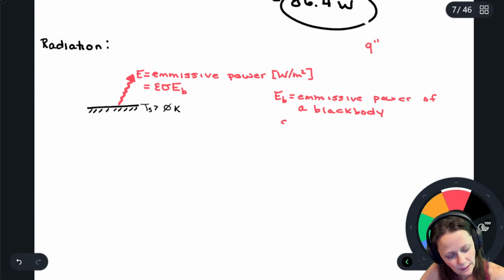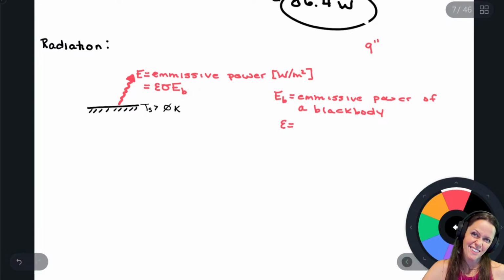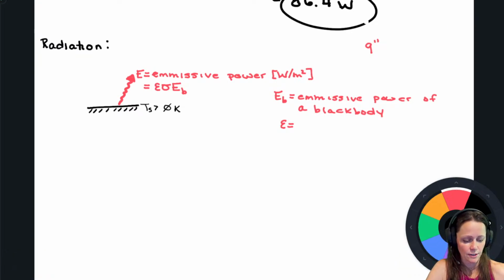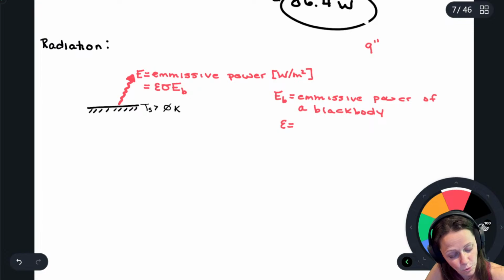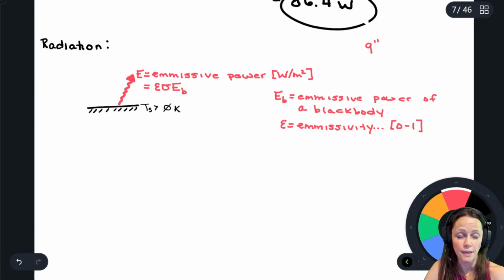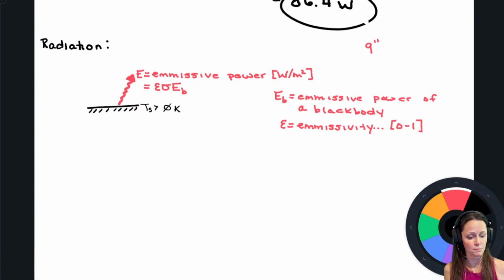The emissivity is there to take into account the fact that it's not a black body. This is a surface characteristic, and for real surfaces, this is something less than 1. Emissivity is anywhere between 0 and 1, 1 being a perfect black body and less than 1 being something not.